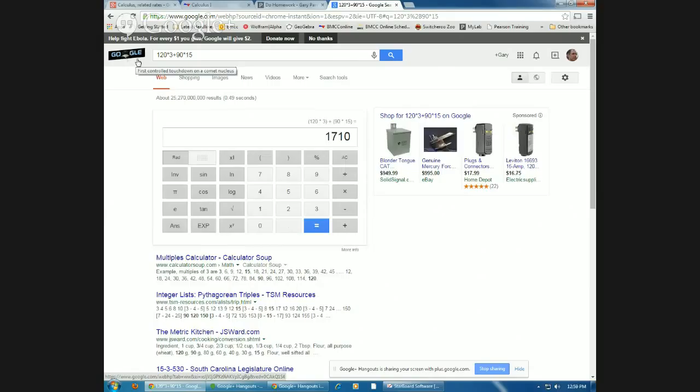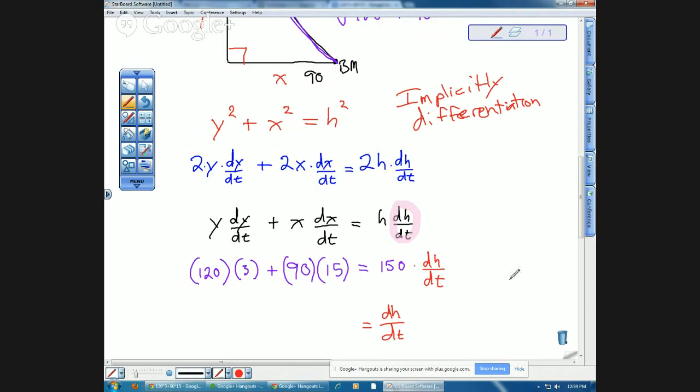It is 1710, and so next I want to divide that by 150, and I get 11.4. Anybody else get that? Get that, Elizabeth? Awesome. Okay, what does the 11.4 mean, though?